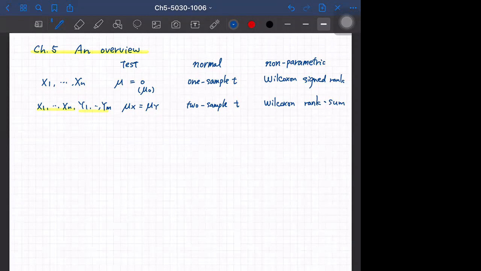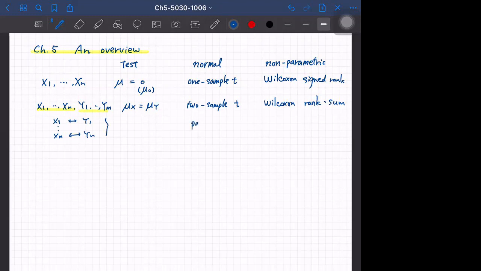And sometimes we discuss x1 to xn and corresponding observations. This is a special case, where x1 corresponds to y1, and xn corresponds to yn. In this case, we have a slightly different test.